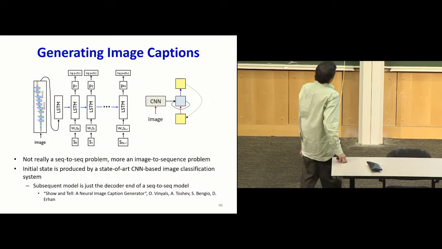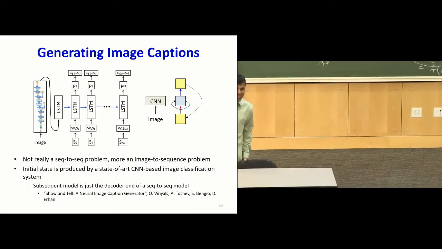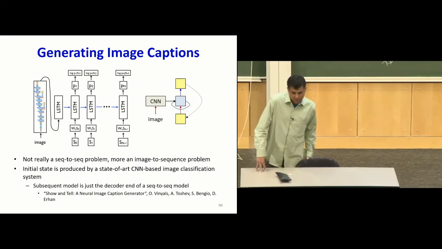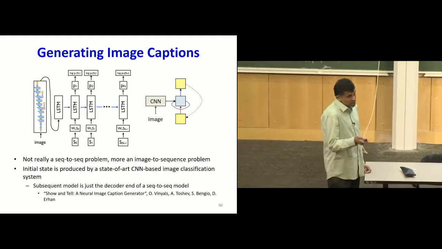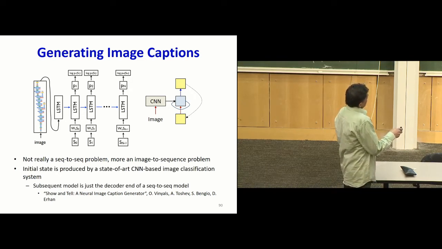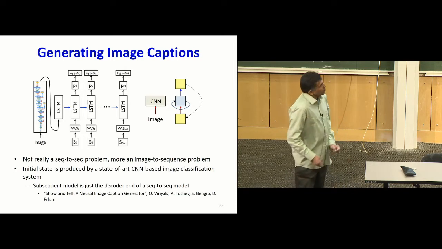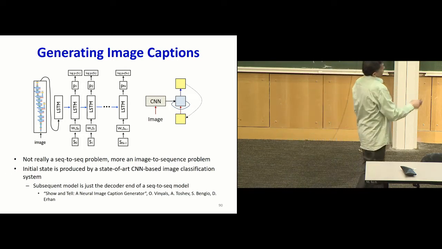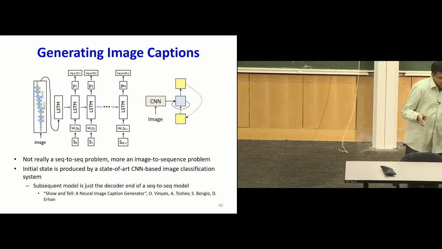Here's the other one that I mentioned, producing captions for images. Now this is not really a sequence to sequence problem. This is more a problem of converting an image to a sequence of words, but it turns out the model is very similar. Remember what we had before? See the figure to the right for those of you who can't see my pointer. In the model you had 2 stages.